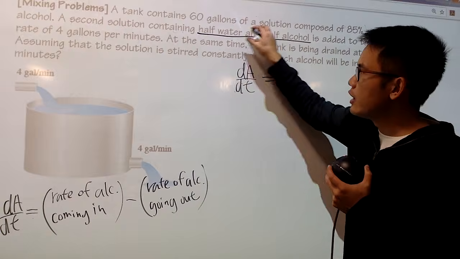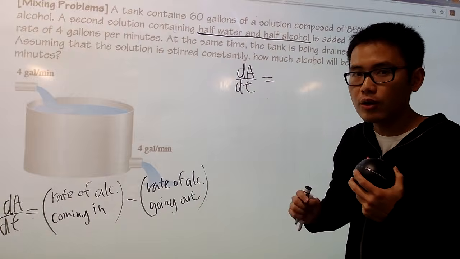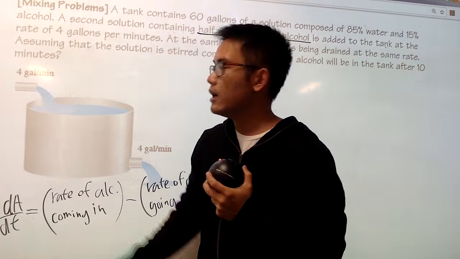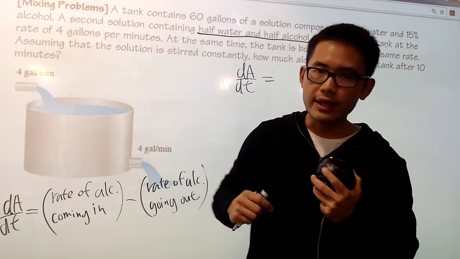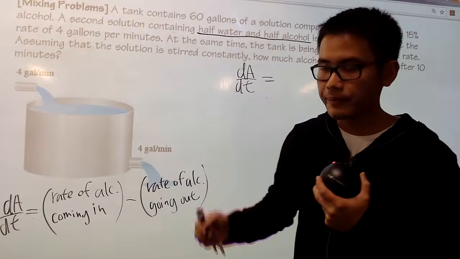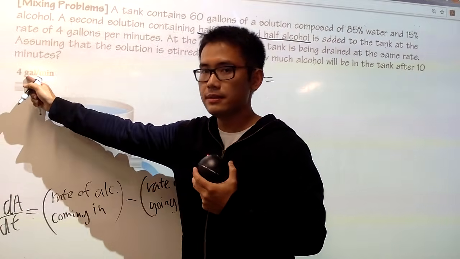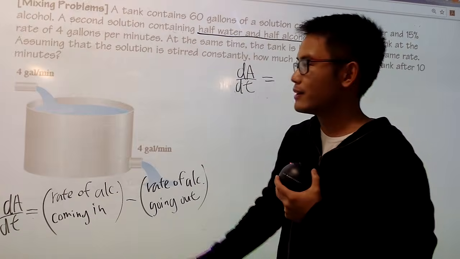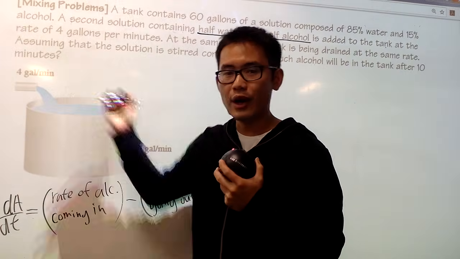You do have to pay attention to the concentration of the alcohol for the solution that's coming into the tank. This is just the flow-in rate for the solution altogether. We still have to multiply this by 50%. So in fact, 2 gallons per minute of alcohol is coming in.